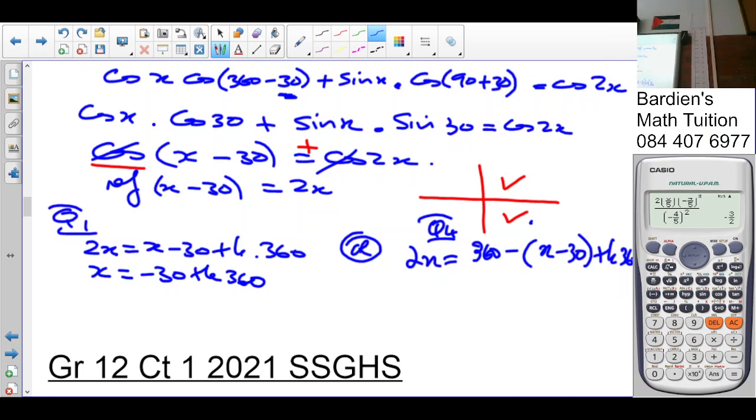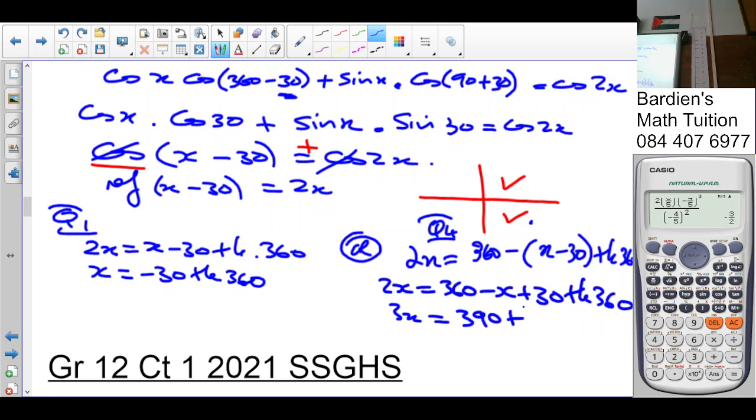We use positive quadrants. So we have 2x is equal to 360 minus x plus 30 plus k times 360. So it becomes 3x is equal to 390 plus k times 360. Divided by 3, so I get 130 plus k times 120. You can write it like that, or x is equal to 10 plus k times 120.